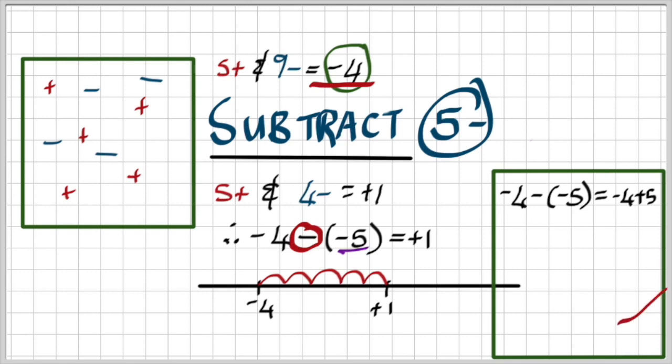So in other words, if I look at this, that minus, if I multiply it into my bracket, the answer that I end up with is a plus. And there, ladies and gentlemen, you have discovered one of the rules with integers.